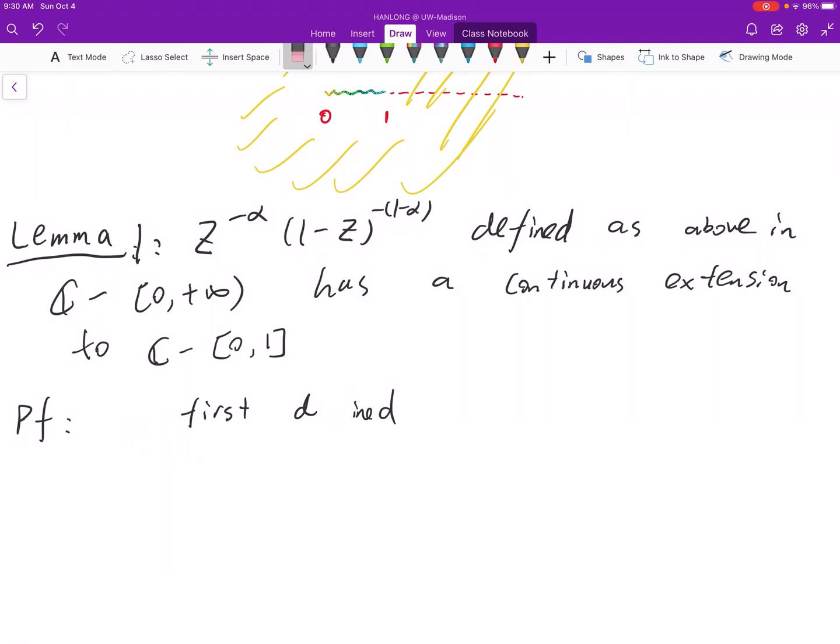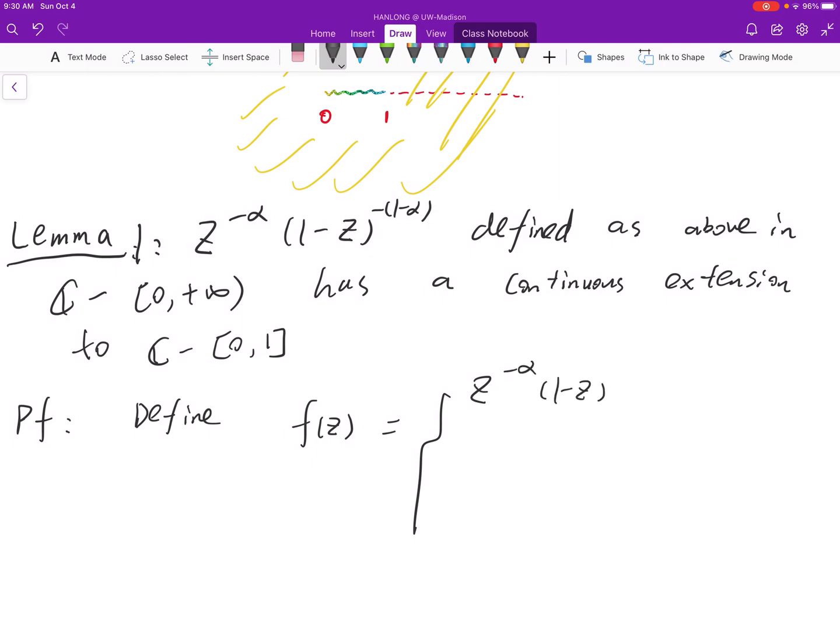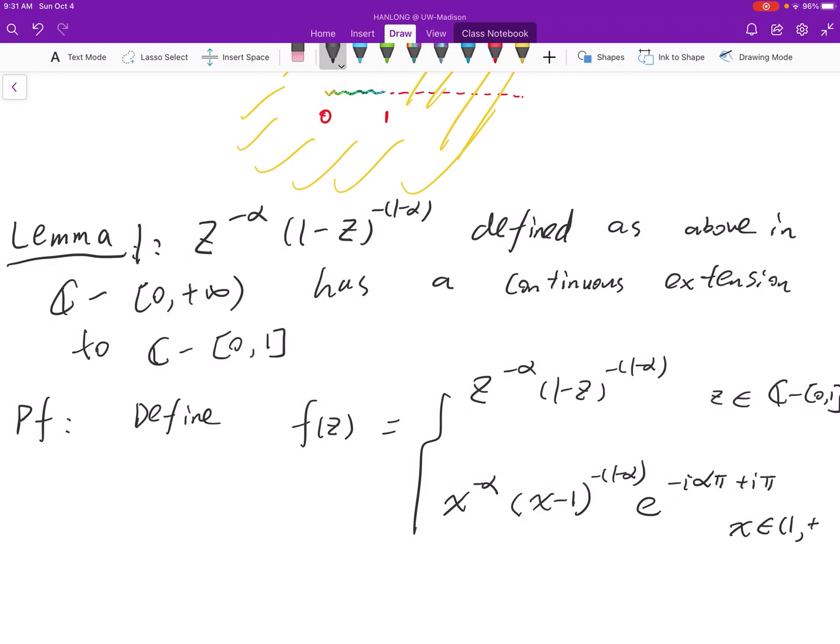Okay, so denote f(z) equals z to the negative alpha times 1 minus z to the negative 1 minus alpha when z is in C minus 0, 1, and x to the negative alpha times x minus 1 to the negative 1 minus alpha times exponential of negative i alpha pi plus i pi for x in 1 to positive infinity.